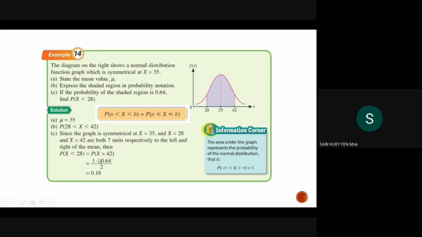So we can use the total area under the graph, which is 1, minus the probability 0.64 and divide by 2. So we can get the answer 0.18.